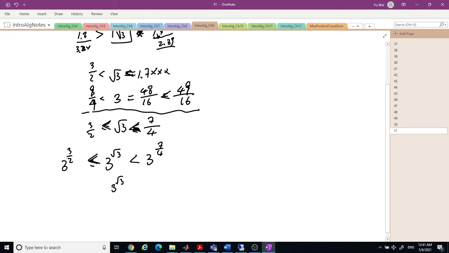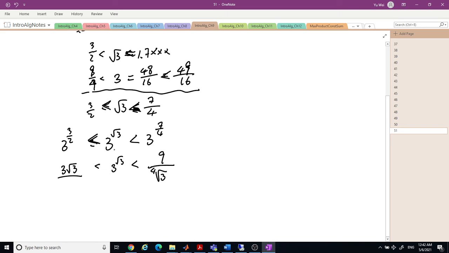So equivalently, it's 27 square root of 3 square root of 3, or less than, it's 8, so it's less than 9.